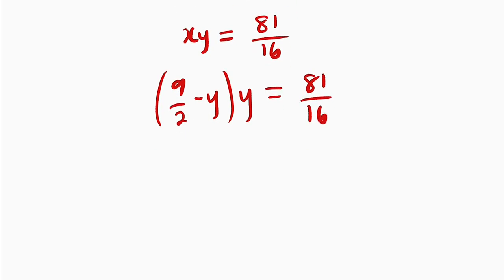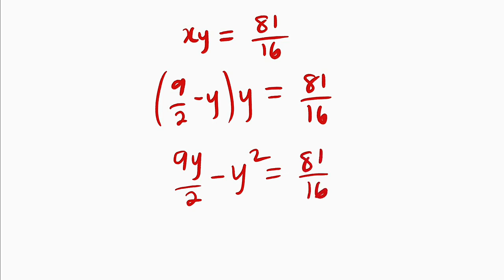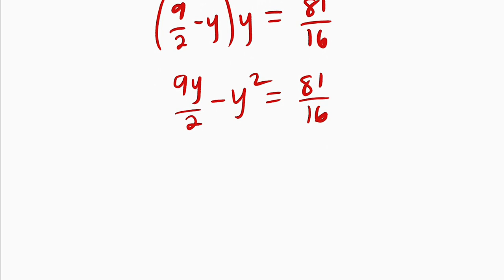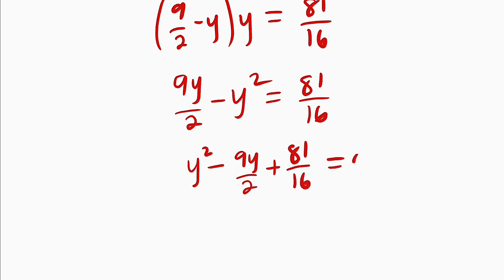Let us expand this parenthesis. We have 9y divided by 2 minus y squared, and this is equal to 81 divided by 16. Let us rearrange this equation. If you arrange it, you have y squared minus 9y divided by 2 plus 81 divided by 16 equals 0.